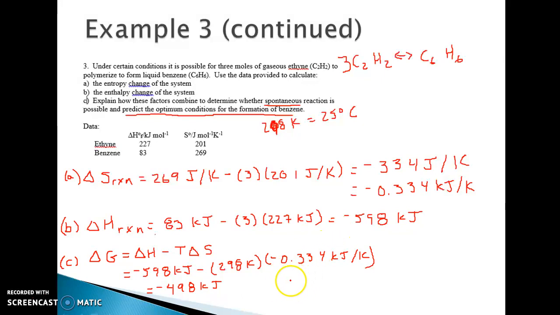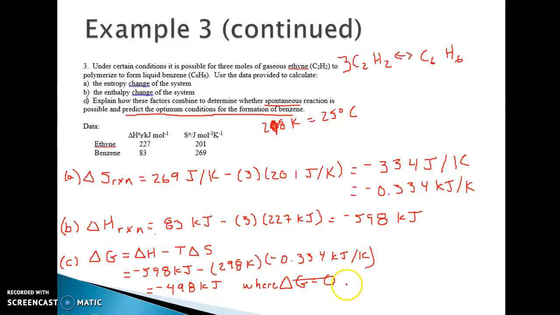So if we can calculate where delta G equals 0, that would be the point, below that temperature, it would be spontaneous. Above that temperature, it would be non-spontaneous because the delta G would be positive.